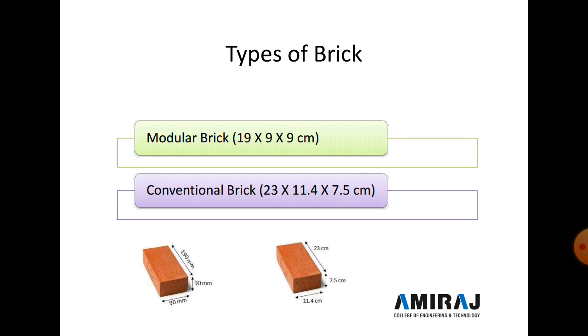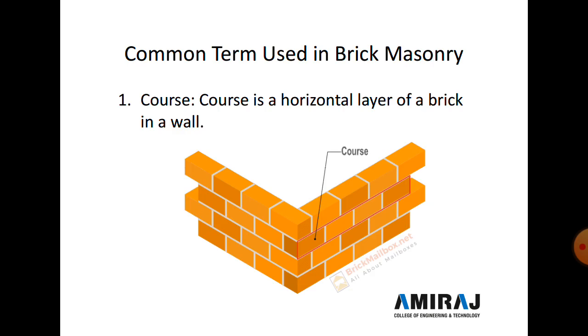In a modular brick, the size is 19 by 9 by 9, and a conventional brick is of size 23 by 11.4 by 7.5. All dimensions are in centimeters. Generally in construction, the conventional brick is used the most.